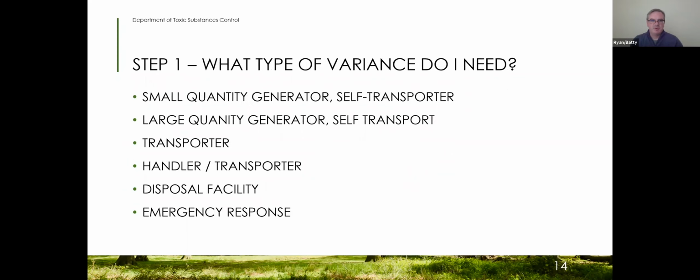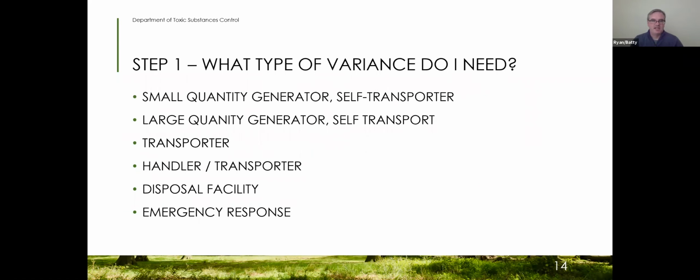So for purposes of this treated wood exercise, DTSC has identified 6 types of variance that we are offering. The 6 types are small quantity generator, self-transporter, large quantity generator, self-transporter, transporter only, handler transporter, disposal facility, and emergency response variance.